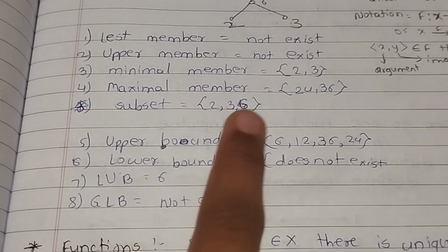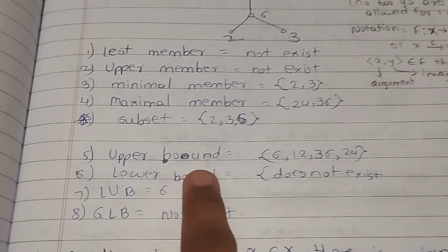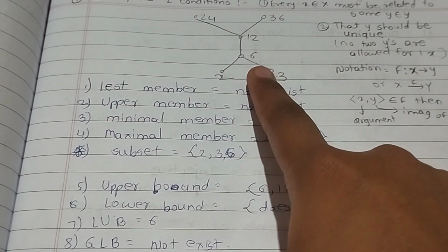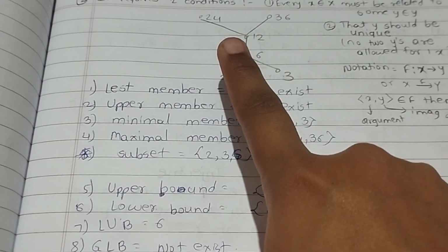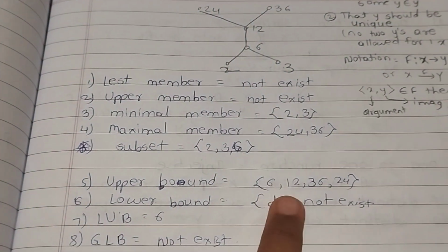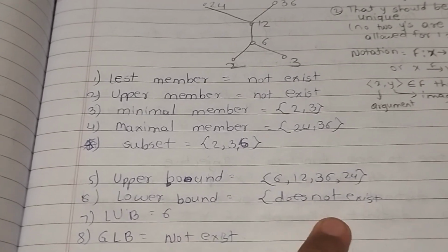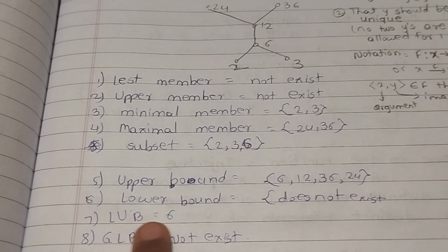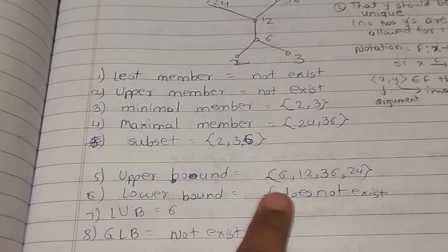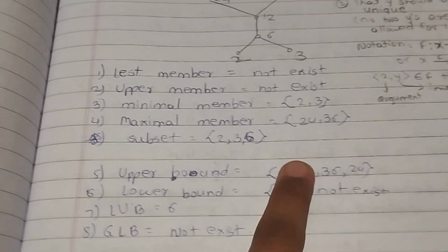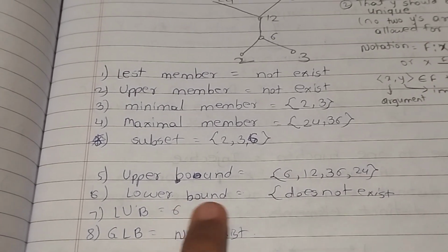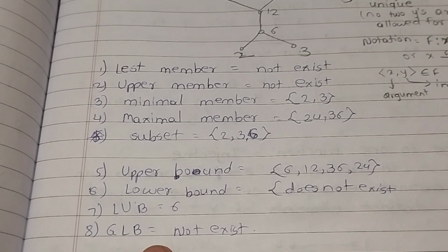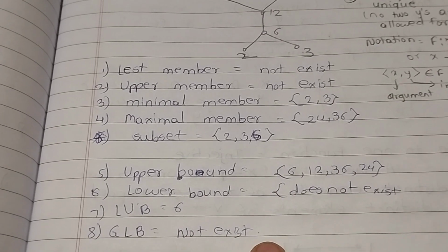Now the set 2, 3, 6 is given. For that, the upper bounds are 6, 12, 36 and 24, and the lower bound does not exist. The least upper bound is 6, because in the upper bounds the least element is 6, and as the lower bound does not exist, the greatest lower bound also does not exist.